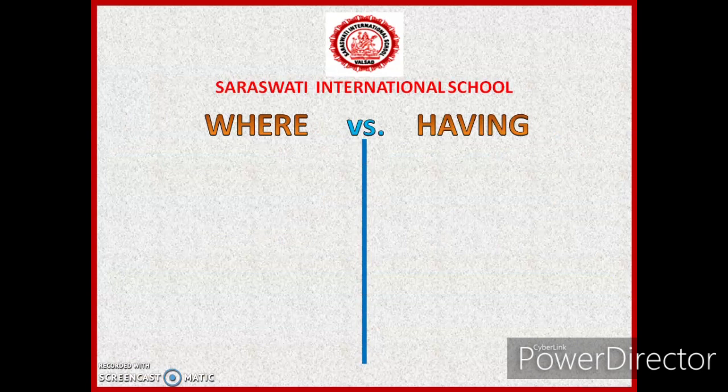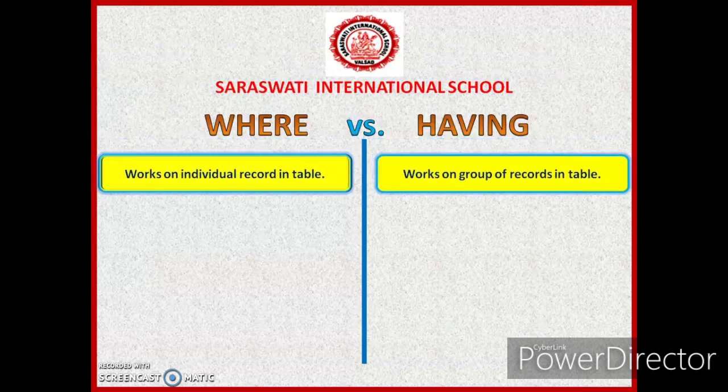Before we use having clause, first we will understand the difference between where clause and having clause. First difference, the condition which we write in where clause will check each individual record in table. But the condition which we write in having clause will not work on individual records.